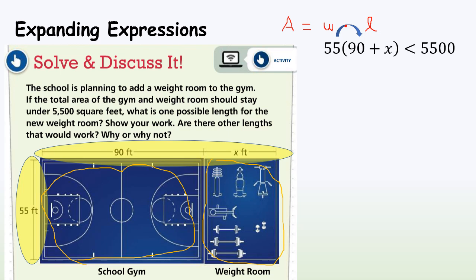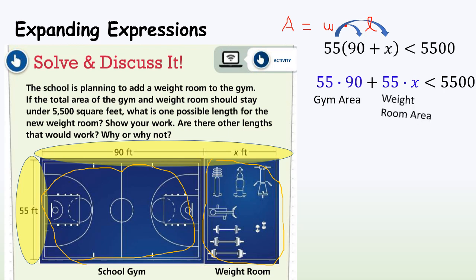It says, if we have these two rectangles that I circled, we should find both of their areas. The area of the gym is 55 times 90, and the area of the weight room is 55 times x. So 55 times 90, the gym on the left, 55 times x, the weight room on the right.